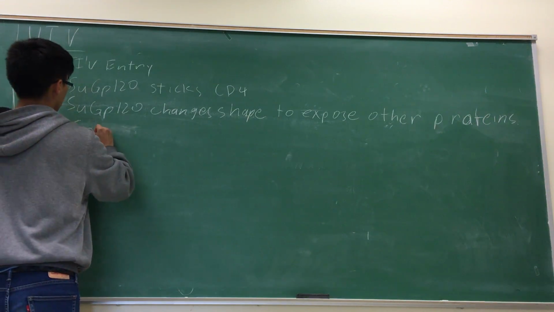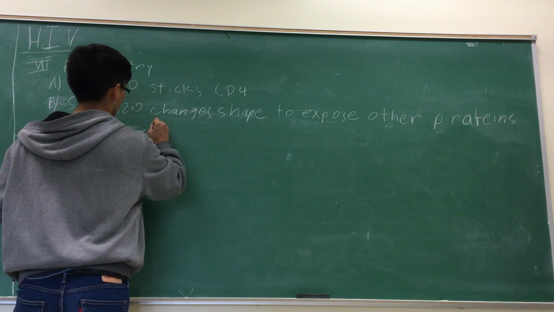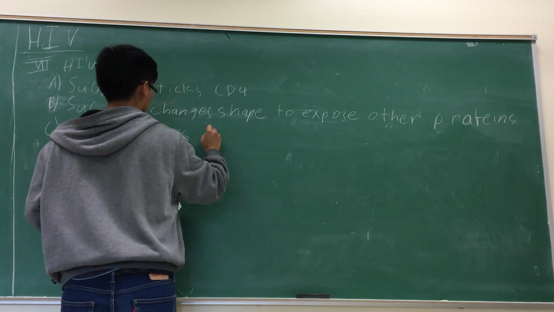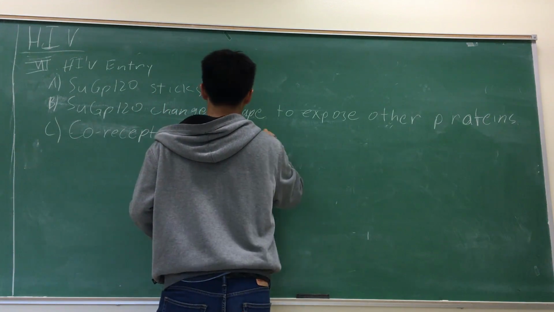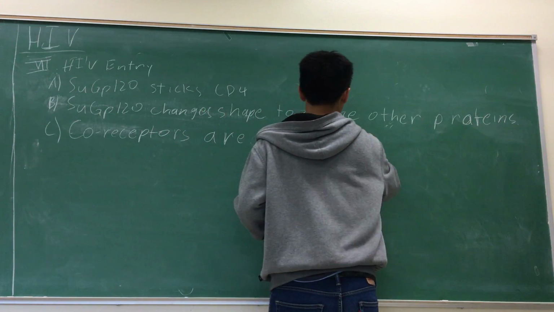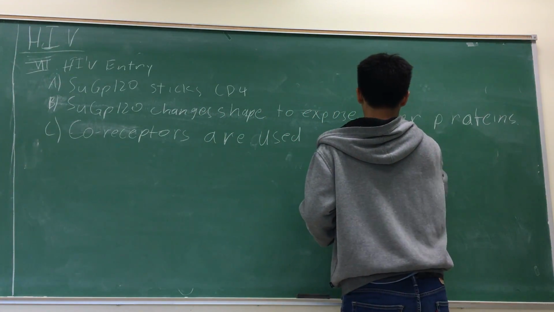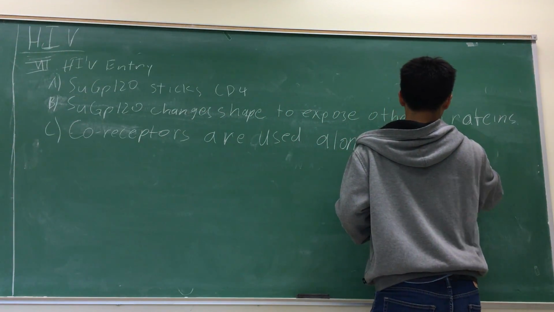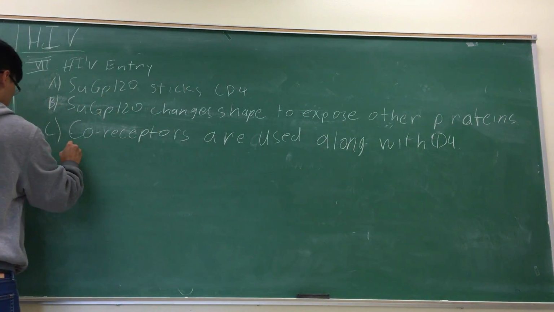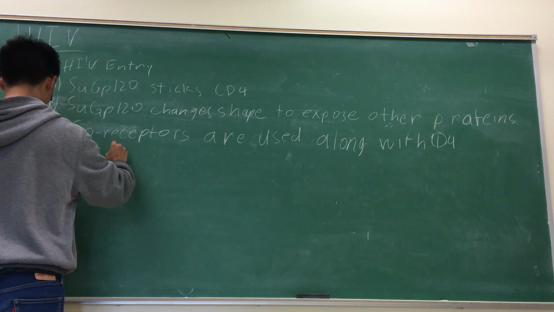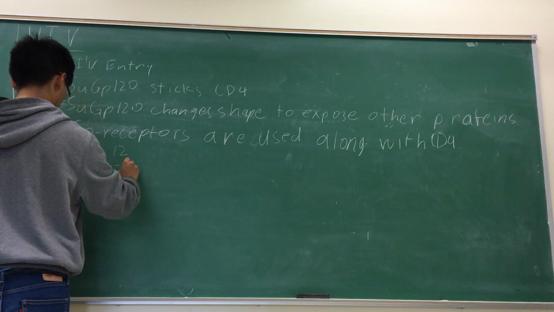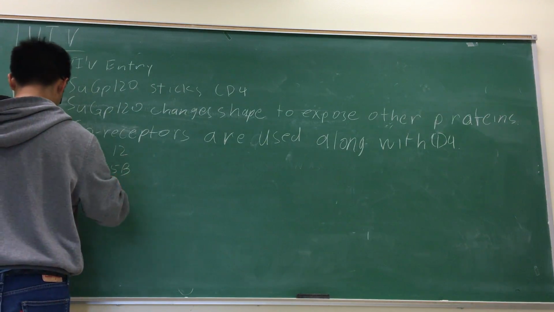Now co-receptors. So in addition to attaching to CD4, you have to attach to co-receptors. And these include CCR5 beta, CCR4.